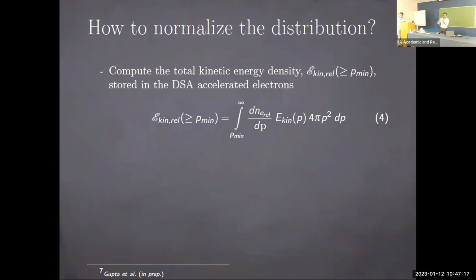And that gamma factor tells you that if P minimum is less than 5, so for gamma less than 5, low Mach number shocks are less efficient at accelerating the charged particles.